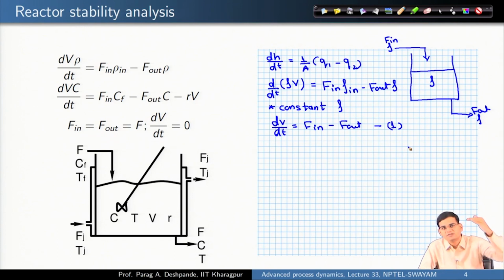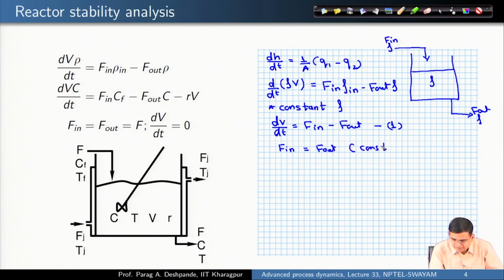So, you have inlet flow rate, you have outlet flow rate, and the liquid level in the tank in the CSTR remains constant, in which case I can write F in is equal to F out, which means constant volume.